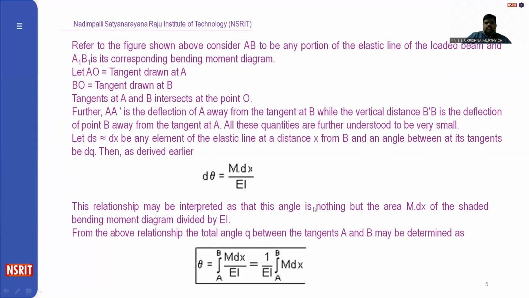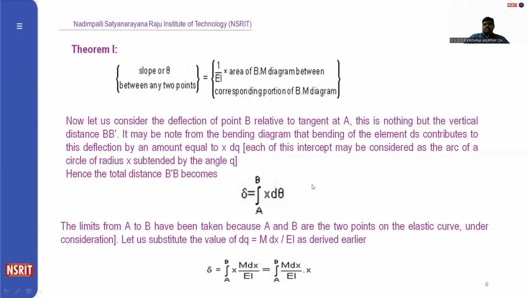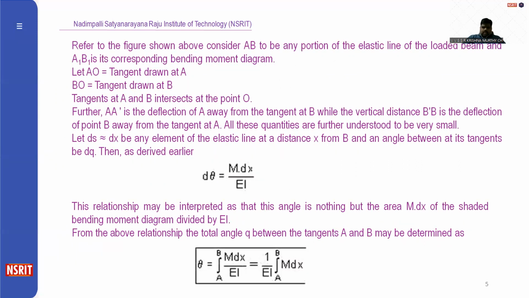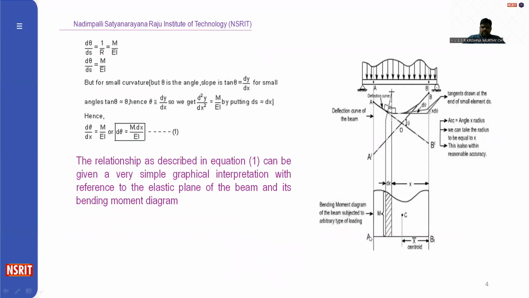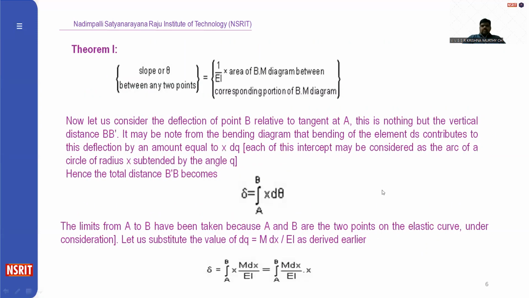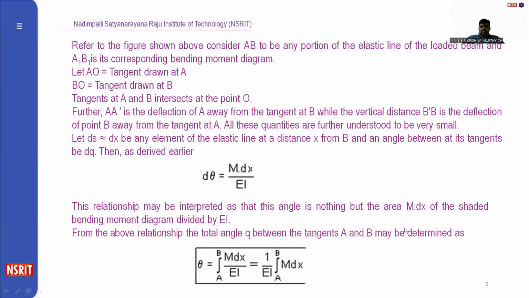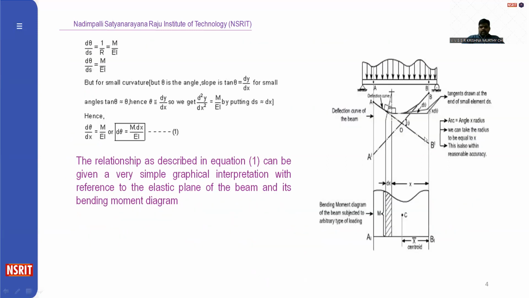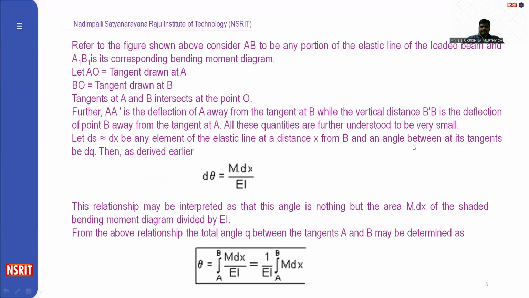Now let us consider the deflection of point B relative to tangent A. That is nothing but the vertical distance between B and B dash.